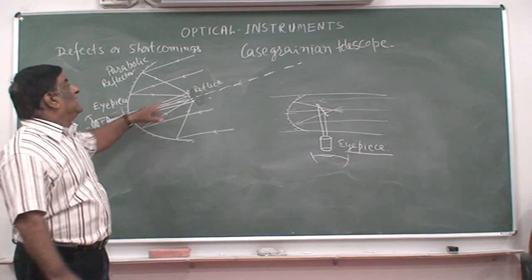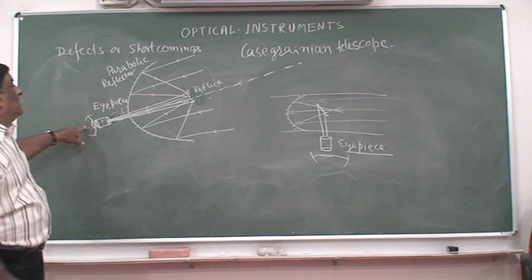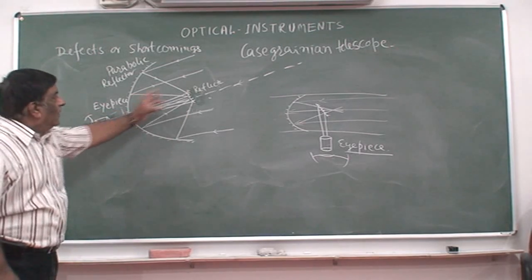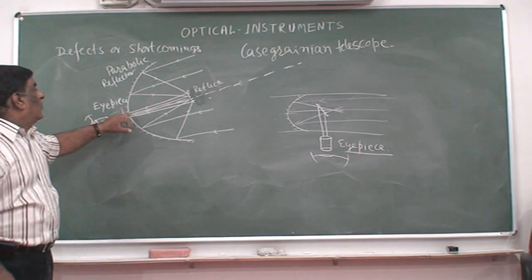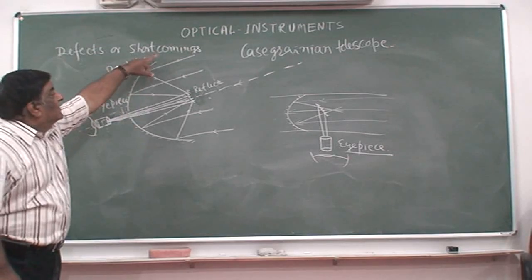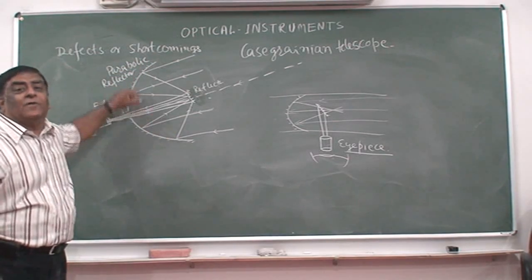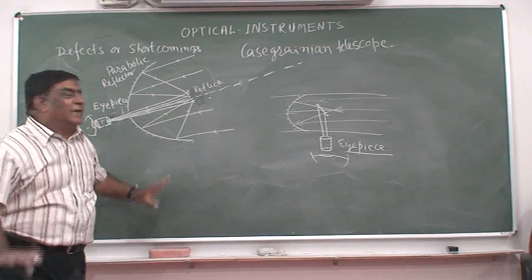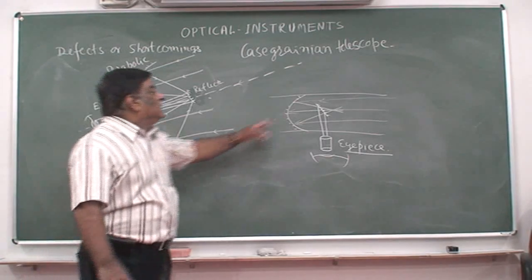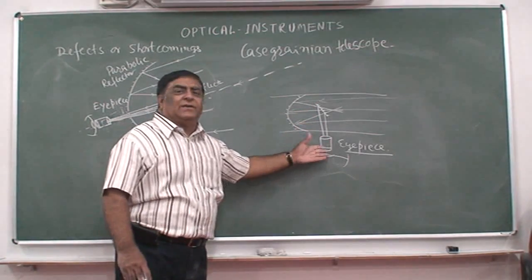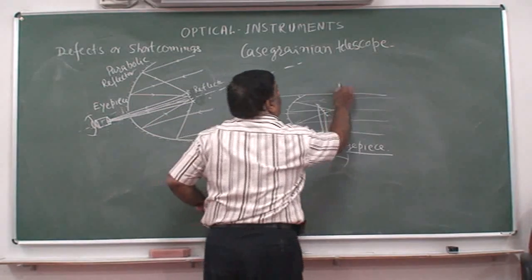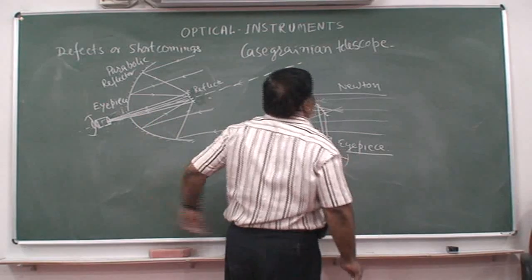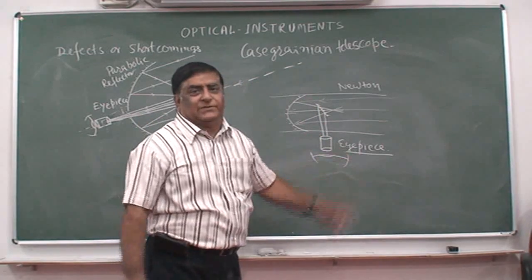And that image we see in the Cassegrain. In this method, we make a little hole here. From that hole, this thing comes. And this hole is very small compared to the total area of this parabola. So there is not much effect on the number of rays, the brightness. The same thing is used here. This was done by Newton. So this was the Cassegrain telescope, this was Newton's telescope.